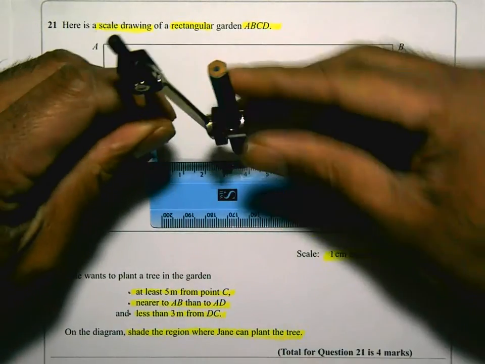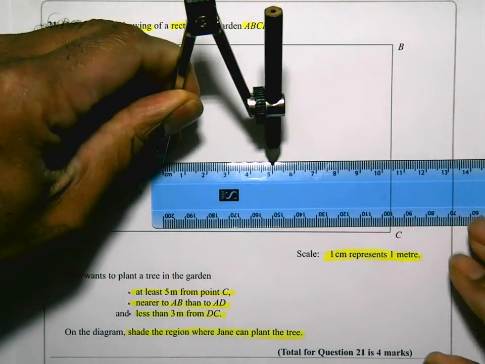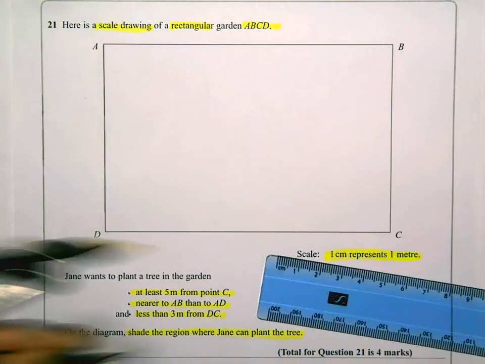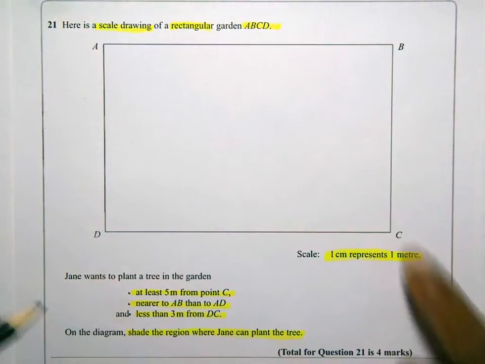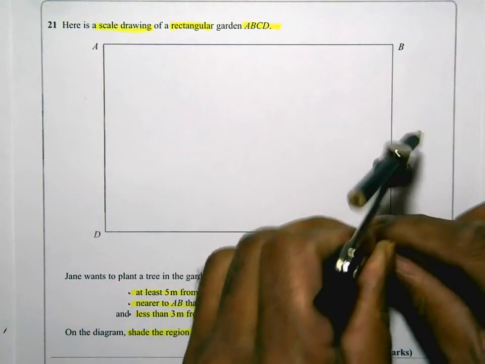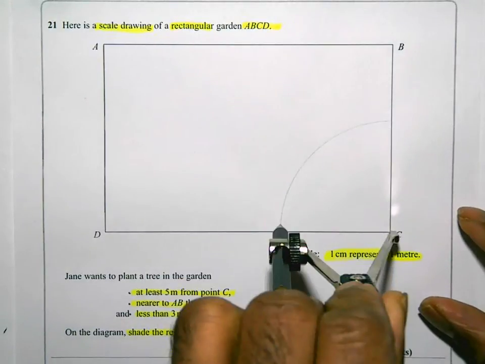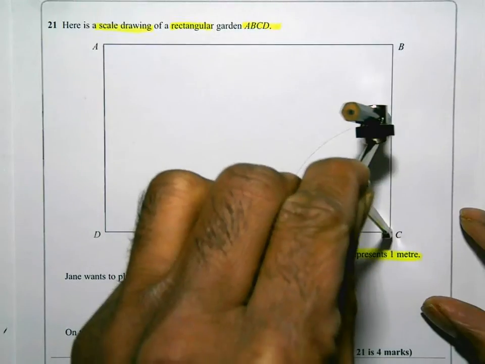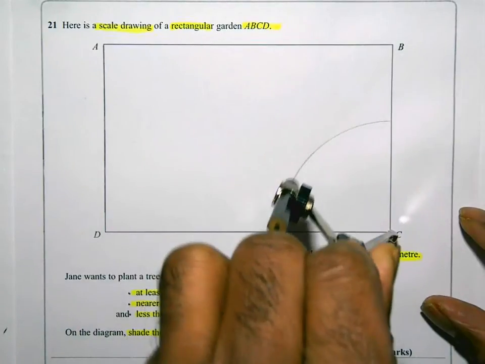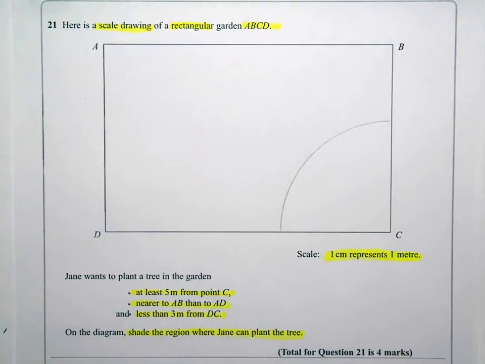Right, so 5 meters, I'm going to measure 5 centimeters, and then here's point C. So all the points which are going to be 5 centimeters from point C are going to be on this arc that I'm drawing here. It doesn't need to be dark, it just needs to be visible, right, as you can see there.